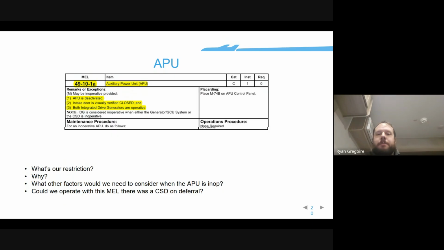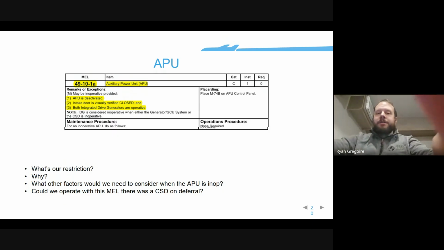Air conditioning would be probably good, especially in the summer. But the big one is that the APU gives us bleed air to start the engines. If we don't have a functional APU, we need an alternate method to start the engines, and that would be an air start. So along with ground power, we would need to ensure that each station that we are dispatching the aircraft to has a functional air start.